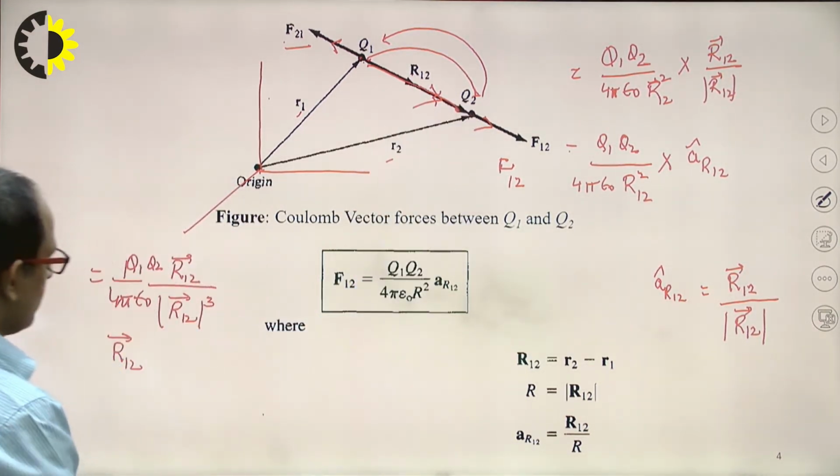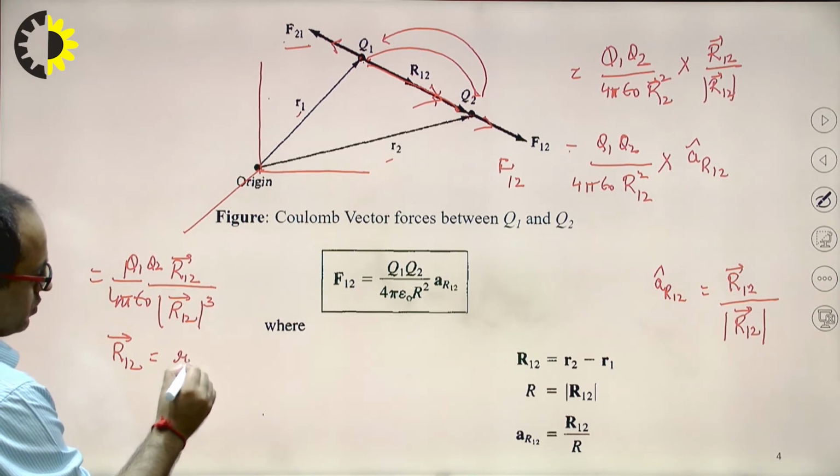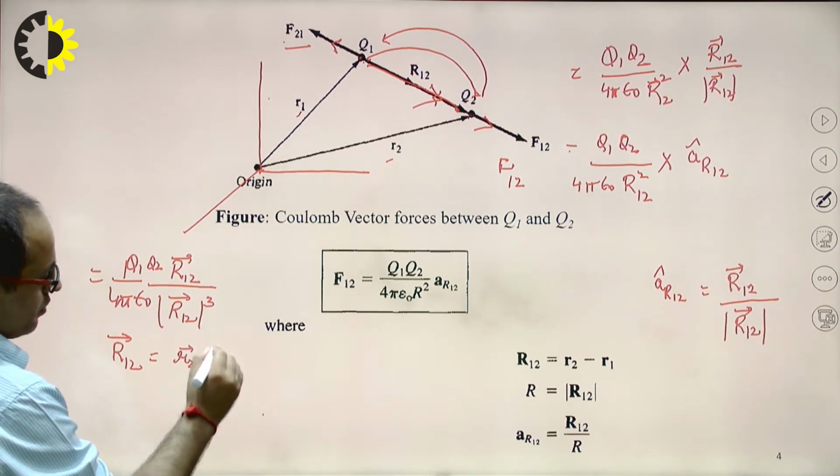It is equal to the distance vector R2 minus R1.